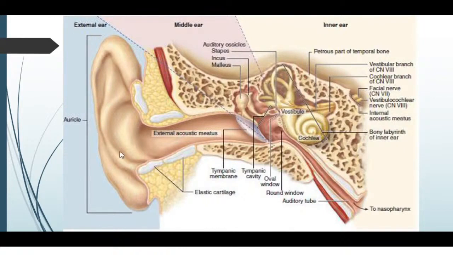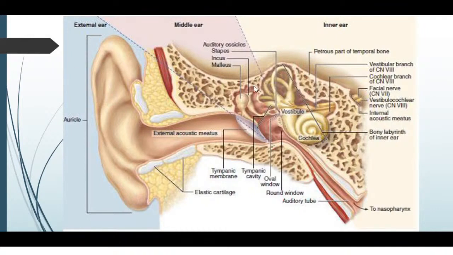Auricle, external ear, external acoustic meatus or auditory meatus, the tympanic membrane, the ossicles, the stapes interacting with the oval window. Also we have seen incus, malleus. These are simple bones, a single bone which does not grow further.